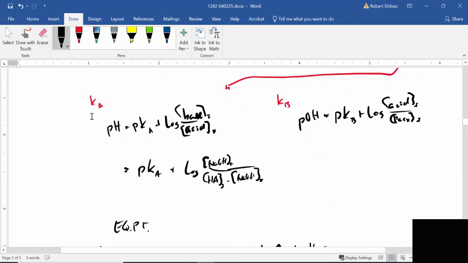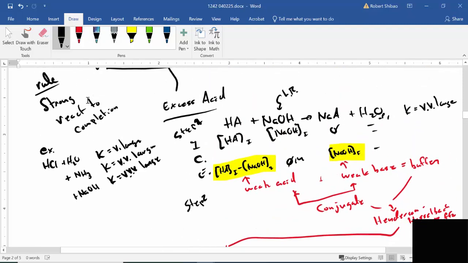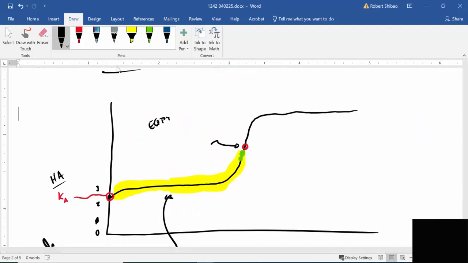If it's a basic salt, the pH can't equal 7. And so at the equivalence point, we're going to have a basic salt in step 2. And therefore we're going to produce hydroxide, and therefore the pH is going to be greater than 7.